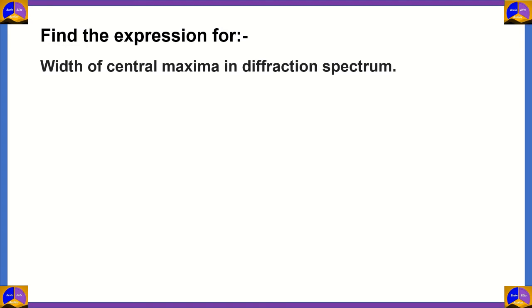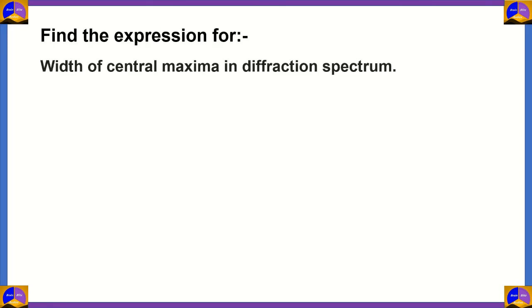When we're talking about diffraction, and especially the width of the central maxima, we will be using diffraction of a single slit. So that is this diagram. You have a single big slit, and then there's a screen out here.